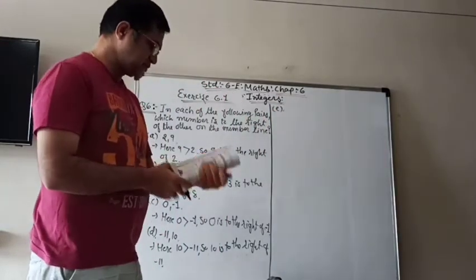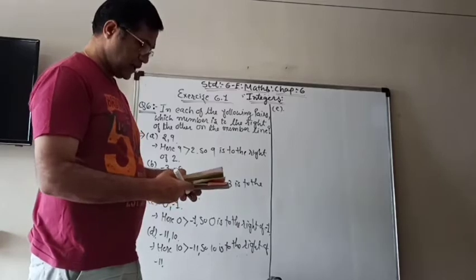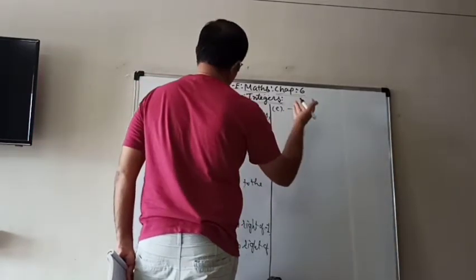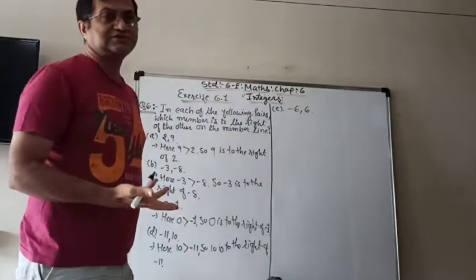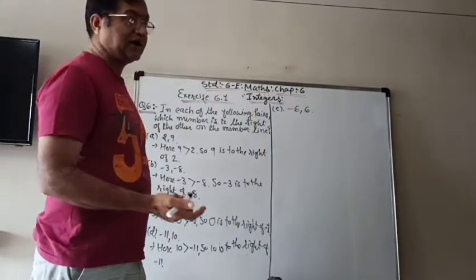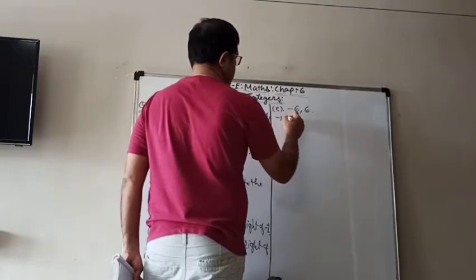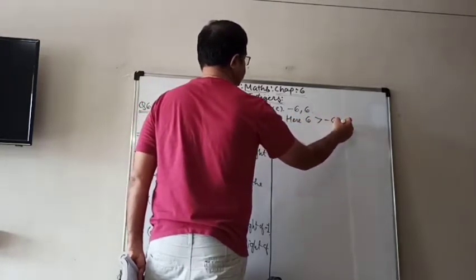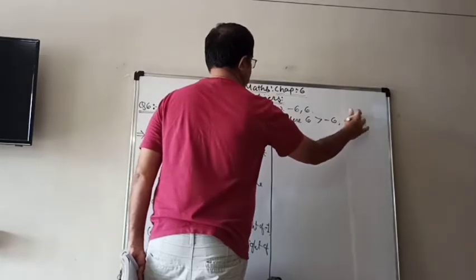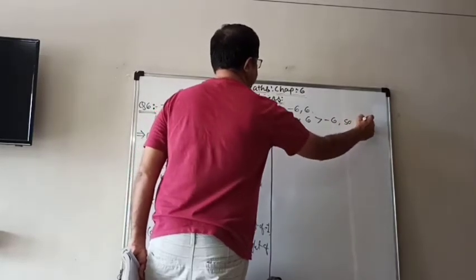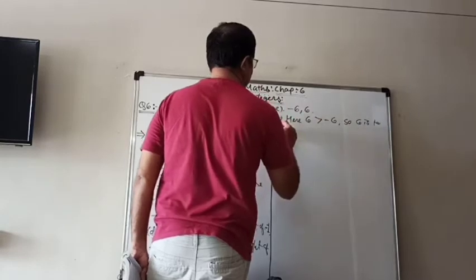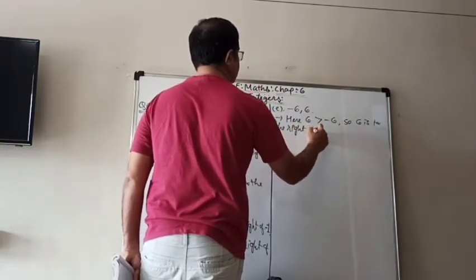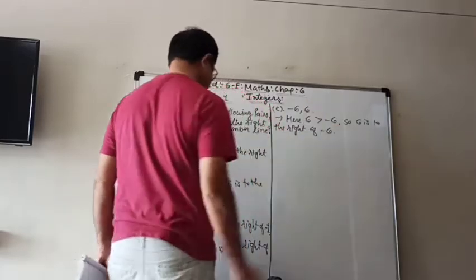Next pair is minus 6 and 6. So obviously a positive integer is greater than negative integers. So here 6 is greater than minus 6. So 6 is to the right of minus 6.